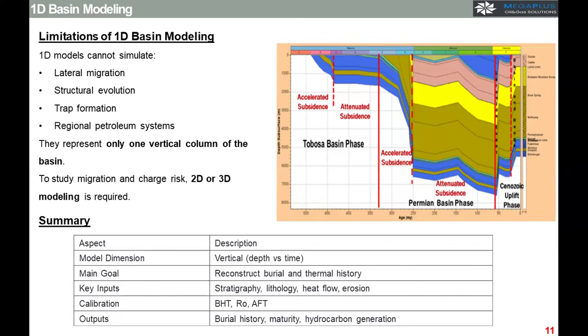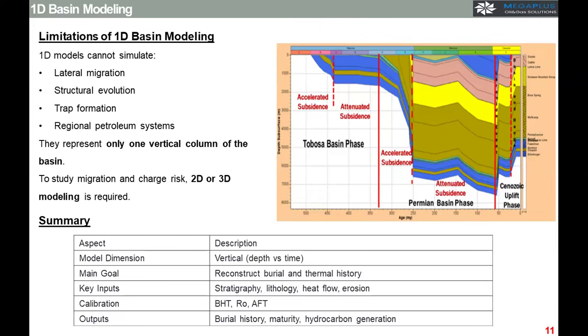Okay, the limitations of the 1D basin modeling. The 1D model deals just with depth versus vertical, just inside your well. You cannot simulate the lateral migration, structure evaluation, trap formation, or regional petroleum system.